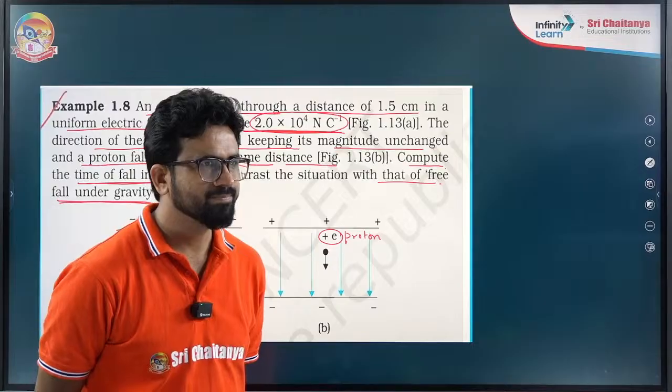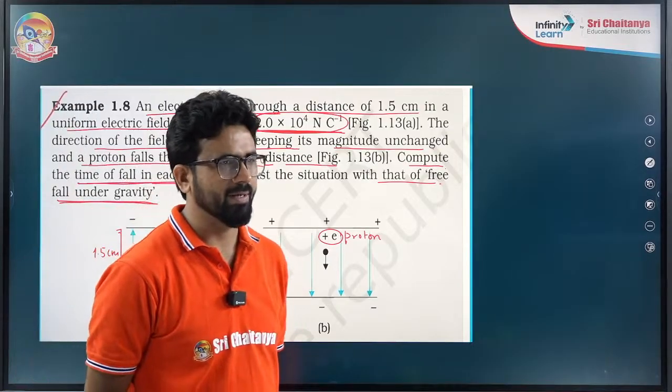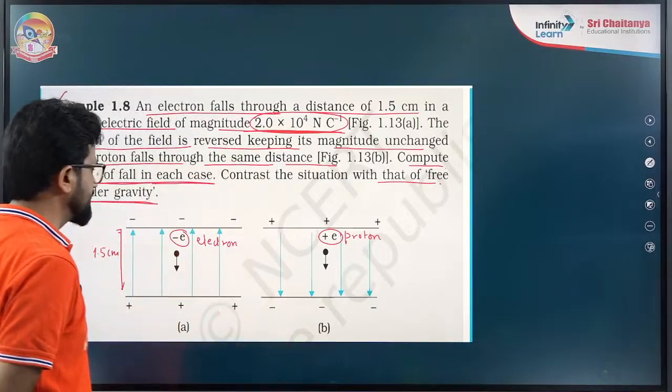Any other people, beta? For proton also, good. You are getting some answer. Very good, beta. Okay, now I am going to solve this question.